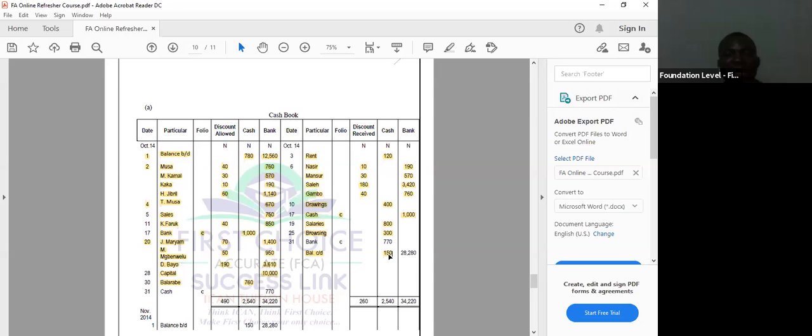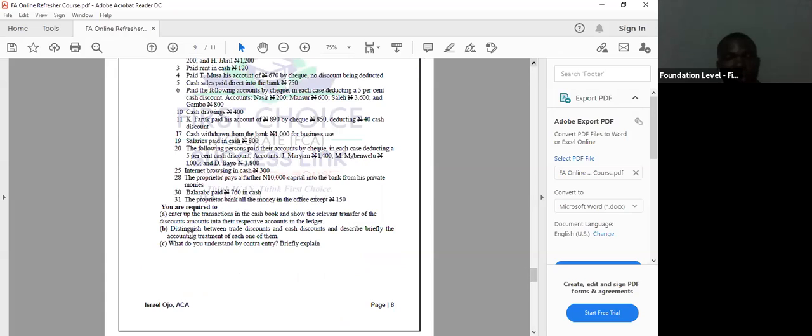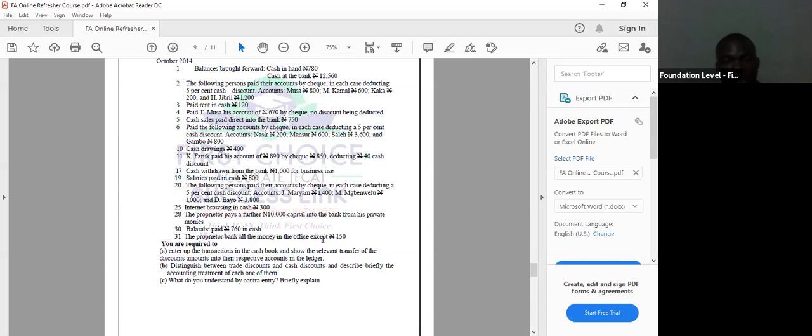We have here what was taken from the business down to the bank. Remember that they didn't state the amount that we banked. They only told us that the proprietor banked all cash except 150. They give us only the cash balance, but they didn't give us the total amount that was banked.